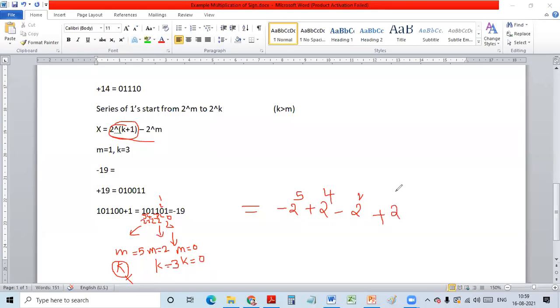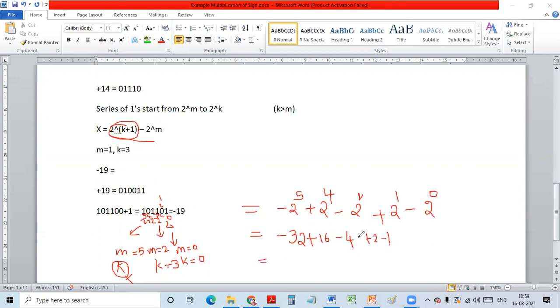So 2 power k plus 1, so 2 power 1 minus 2 power 0. So this is minus 32 plus 16 minus 4 plus 2 minus 1.